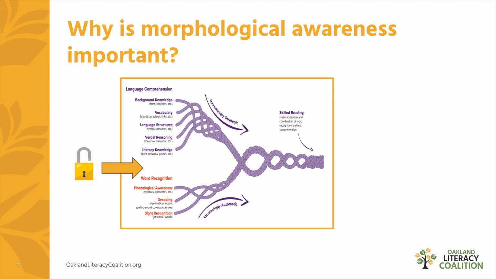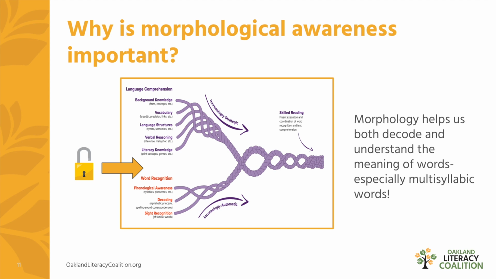But morphological awareness also supports language comprehension by providing insight into the meaning of new vocabulary words and their structure, how to use them. All these skills are especially critical for tackling multisyllabic words, which is often an area of significant struggle as readers get older and into more complex texts.